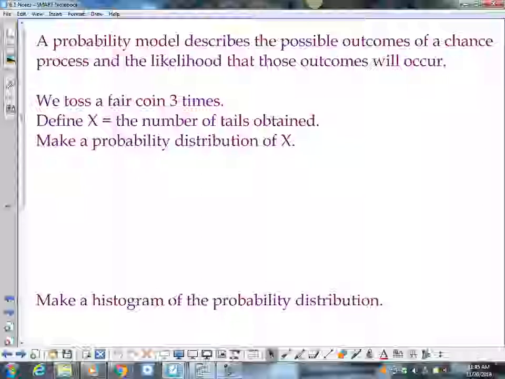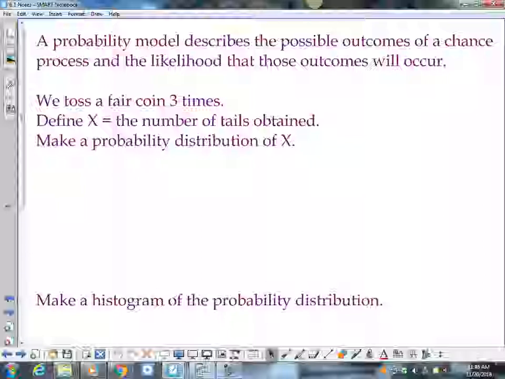We toss a fair coin 3 times. Define x as the number of tails obtained. Make a probability distribution of x. I'm not interested in the sample space, although you may need to look at the sample space in order to figure this problem out.